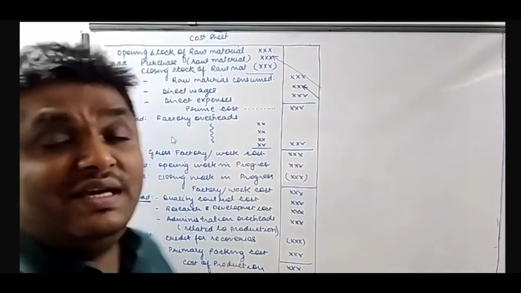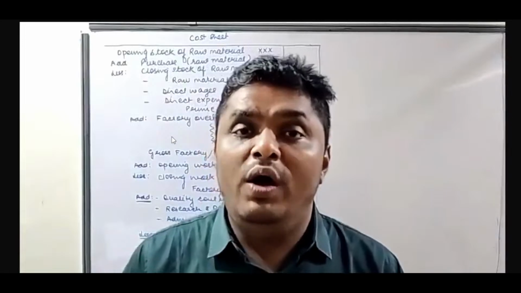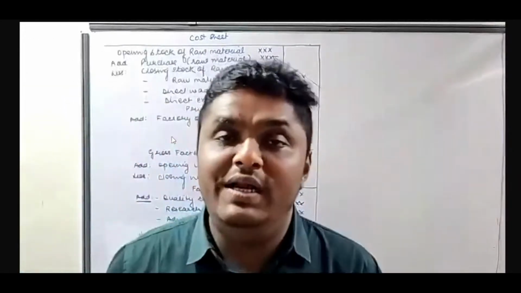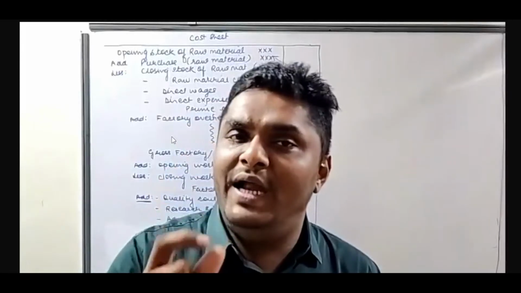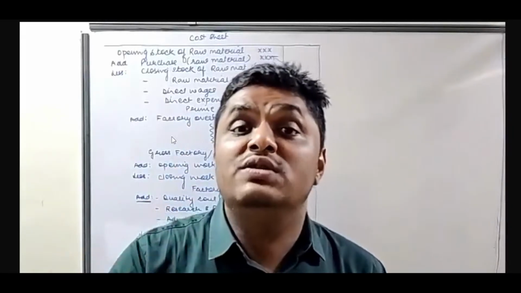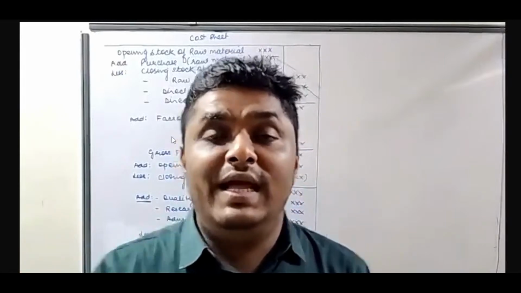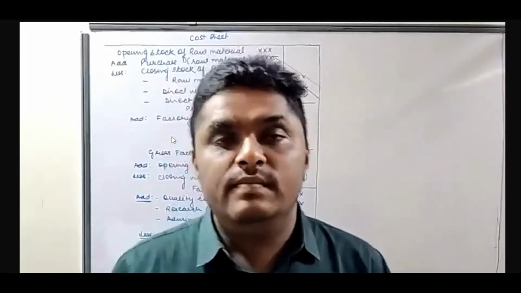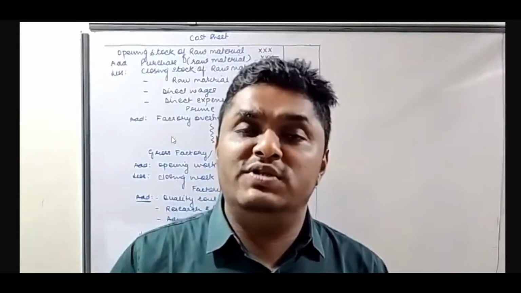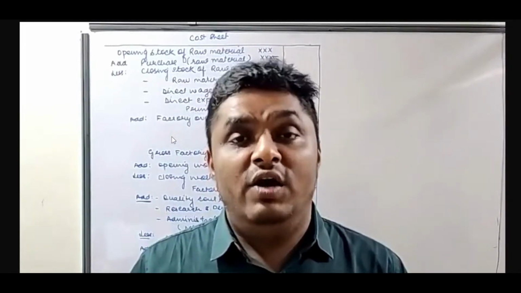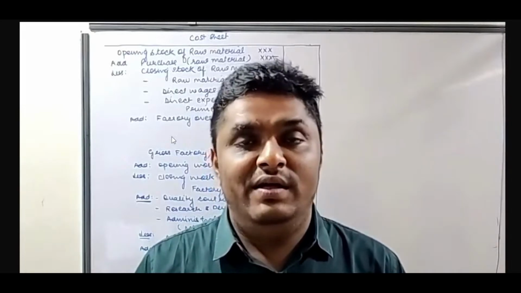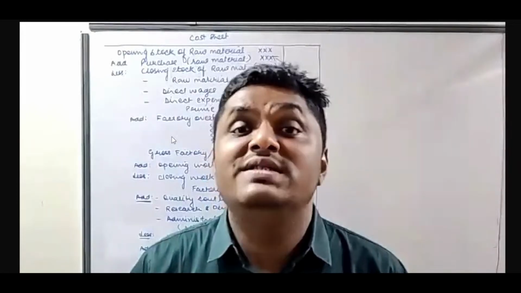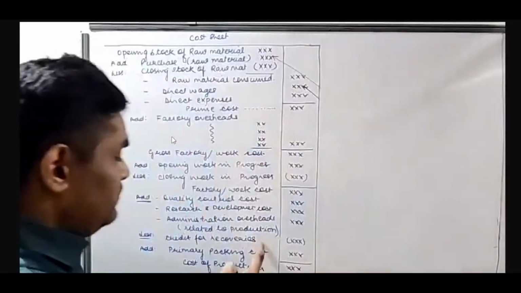Now the next point is credit for recoveries. What it means, very important, guys. When calculating the raw material consumed, we deducted an item, that is the amount realized on sale of scrap. That time I was talking about the scrap of raw material. But let's say during the production process, some waste is generated, or some byproduct is generated. And if we are selling these byproducts in the market and realizing something on the sale of byproduct, that amount realized will be deducted.